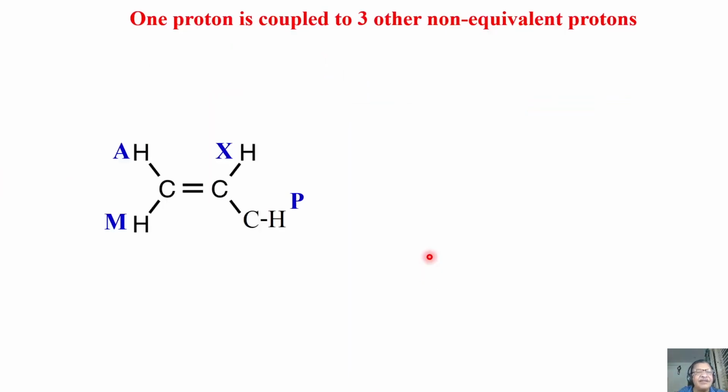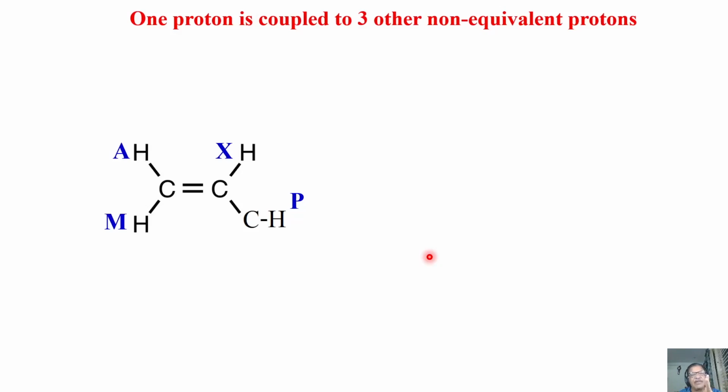Now, extend the logic. Now I will take a 4 coupled spin system. Simple logic. How many peaks must I expect? Start extending the logic. When 1 proton was there, you get 1 line. When 2 protons were there, each one got 2 lines.